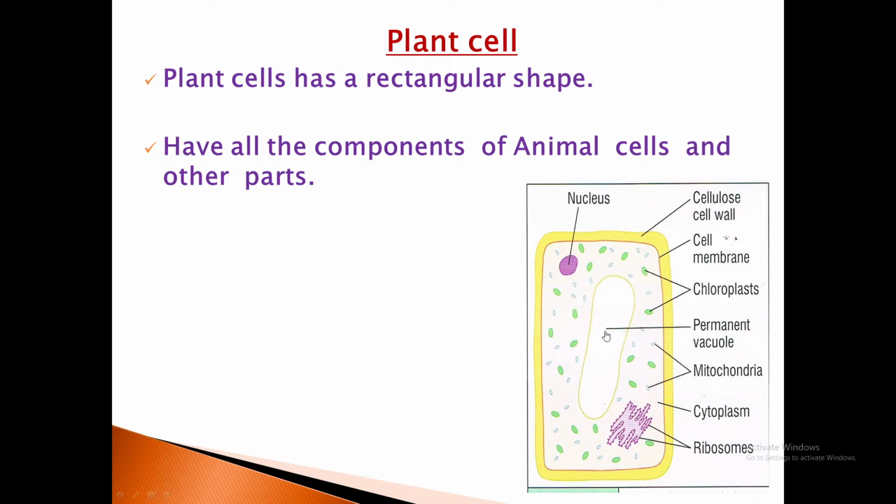And in order for the plants to make their own food, they're going to need a lot of water. As for human beings or animals, for example, we don't make our own food. So, as a result of that, we don't need a large vacuole, because the main function for the vacuole is to, of course, store water.